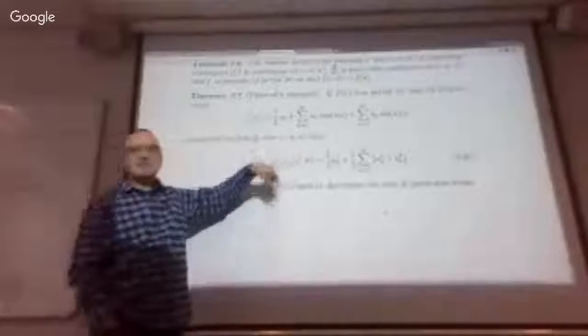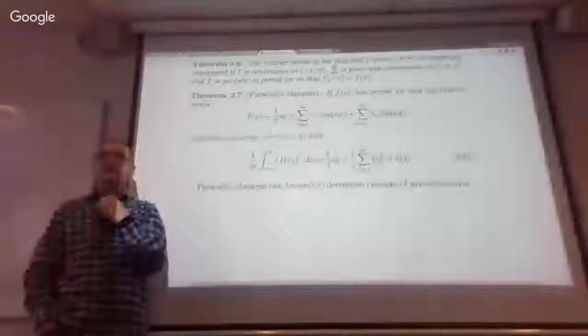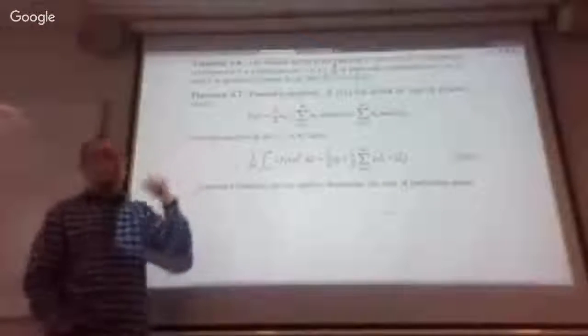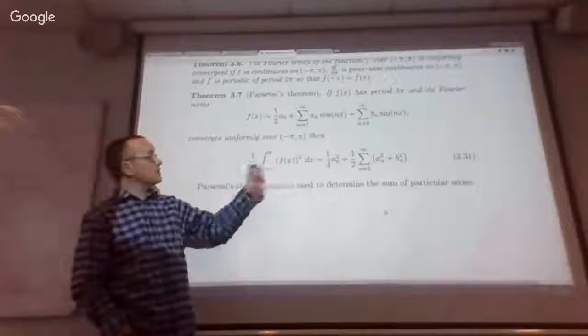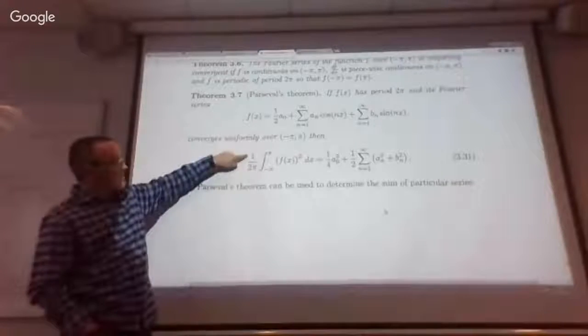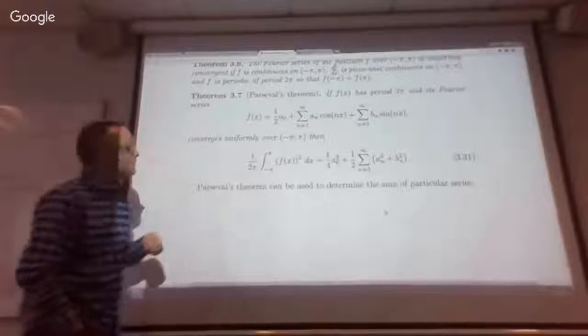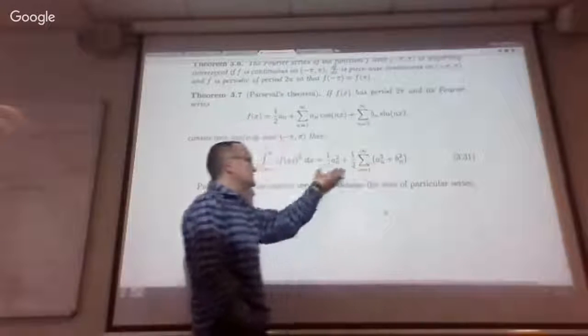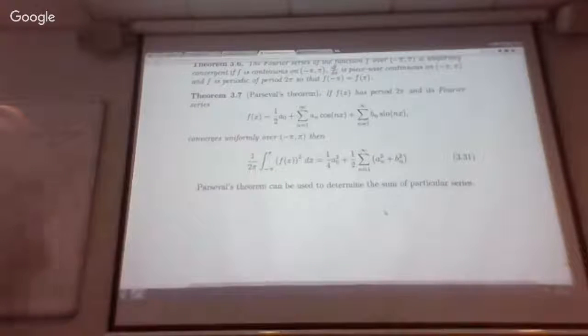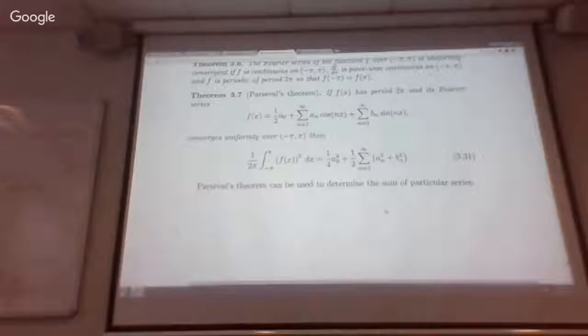So this integral on the left-hand side corresponds to the x dot x we just saw in the previous example. So this is the inner product of the function with itself, rescaled a little bit, 1/2 pi here. And basically what we have on the right-hand side is more or less the sum of the squares of the Fourier coefficients.